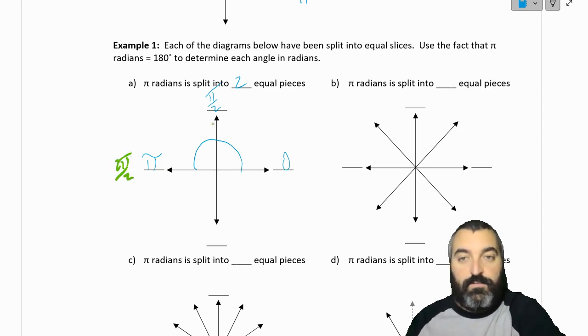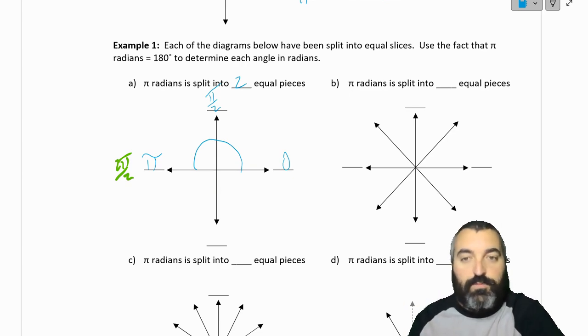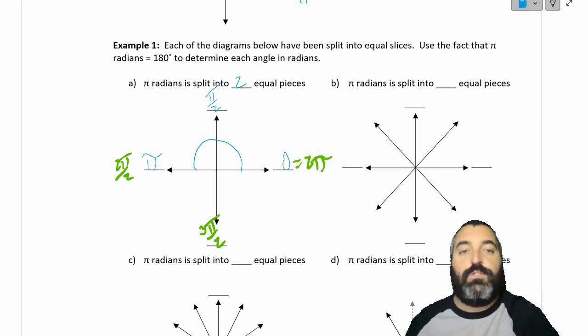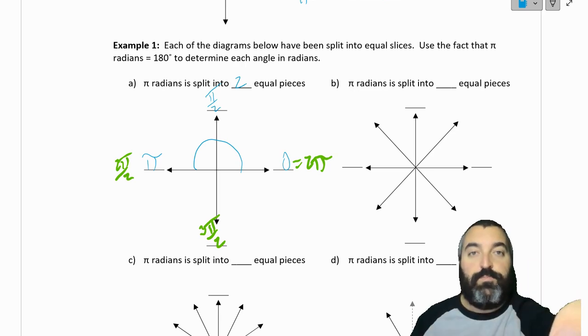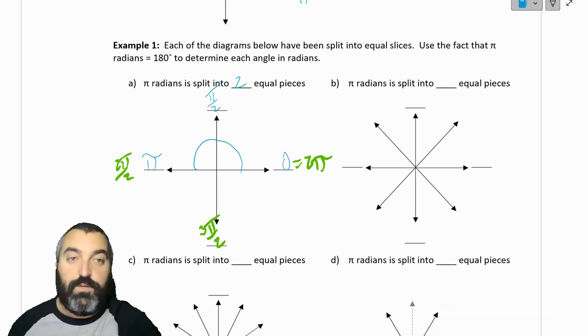And then one more quarter rotation of a full circle, if you will, would then put us at 3 pi over 2. And then obviously we're back at a full circle, which is 2 pi radians. Okay. So there it is when we split a pi into 2 equal parts.